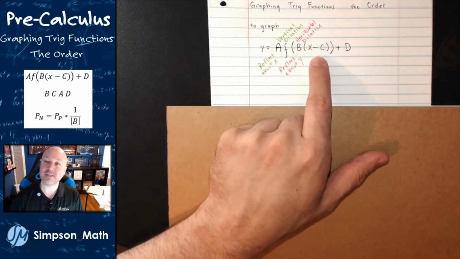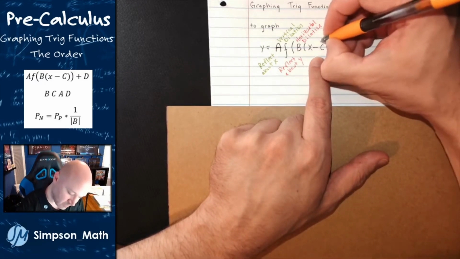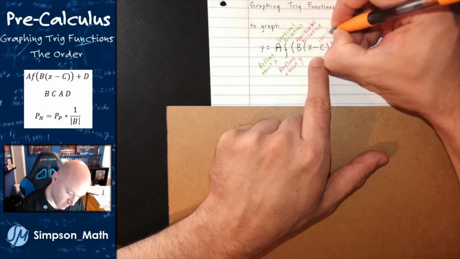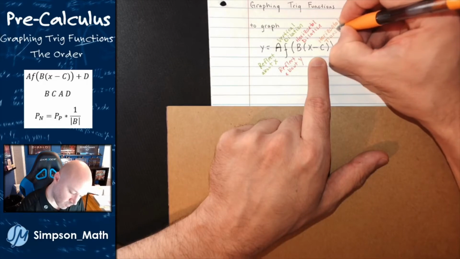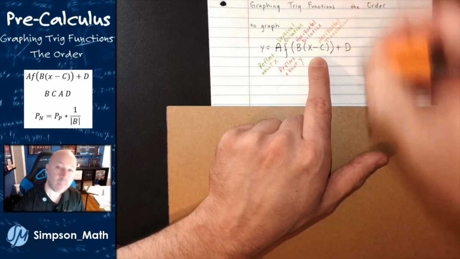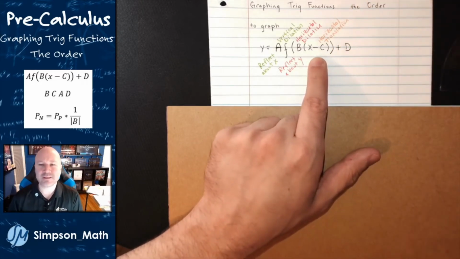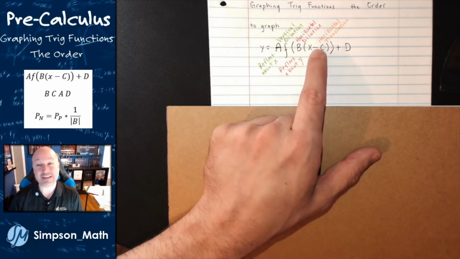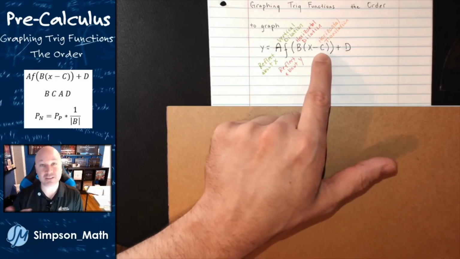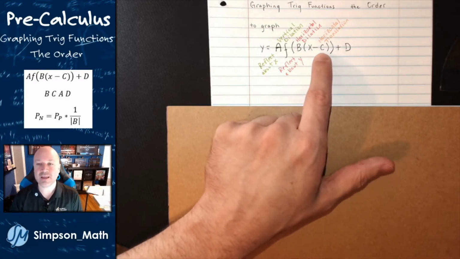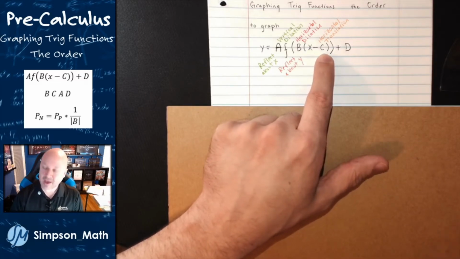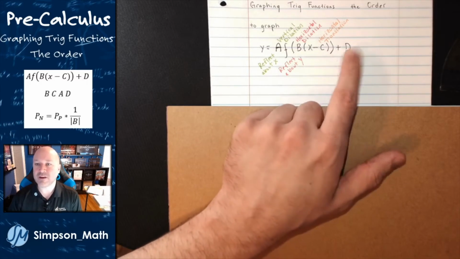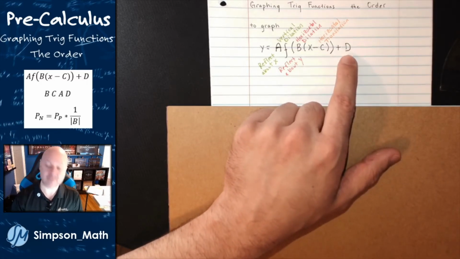C is the horizontal translation. And it kind of goes maybe the opposite direction that you want it to go. This minus C will actually go in the positive direction C, or right C. If you had a plus C, it would go in the negative direction C. And then out here at the very end, we have a D, which is a vertical translation.